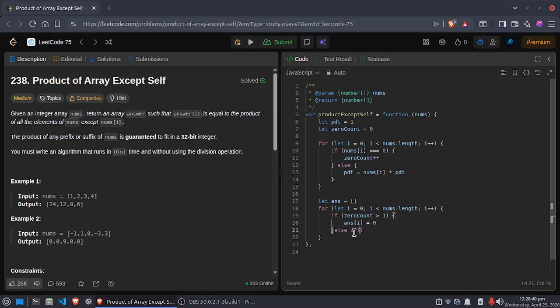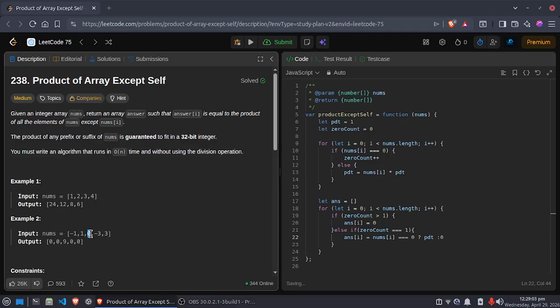Else if zero count is equal to 1, then answer of i equals the product if nums of i is equal to 0, else for all others it's 0. Like here, if nums of i is 0, we write the product. For every other index we write 0.